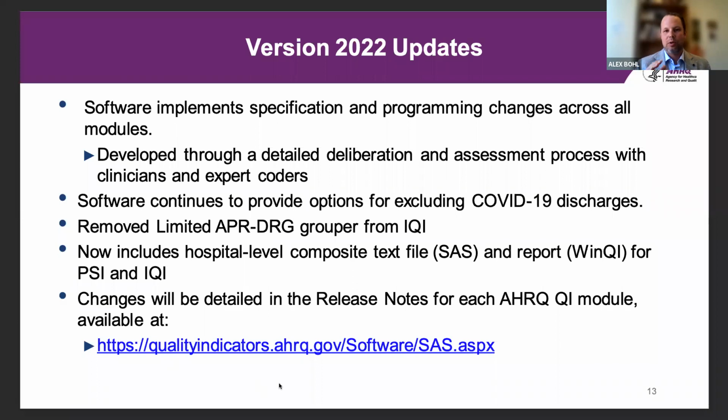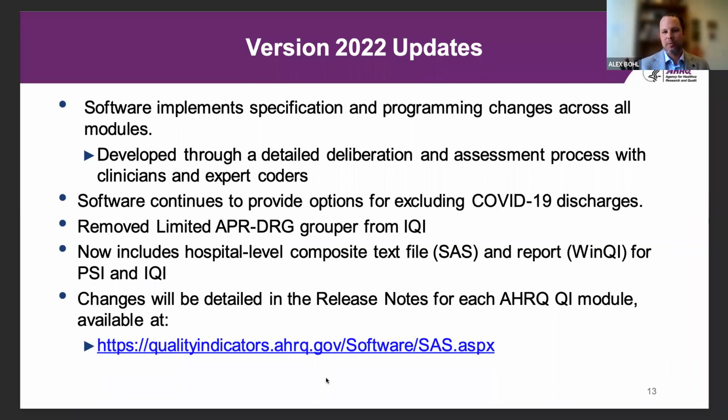Last year, in version 2021, we implemented an option for excluding COVID-19 discharges, and those same options remain in version 2022. This year, due to some updates to risk adjustment, we've removed the AHRQ limited license grouper from the IQI module because it's no longer needed for risk adjustment.